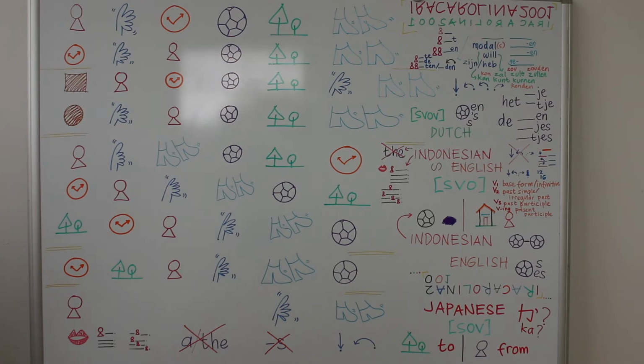Now, will. In Dutch, will is not as will in English. Dutch will is want in English. The second verb will also have the suffix -en.